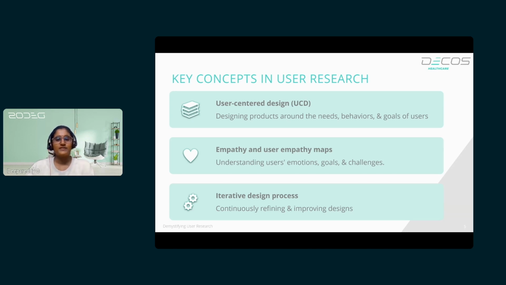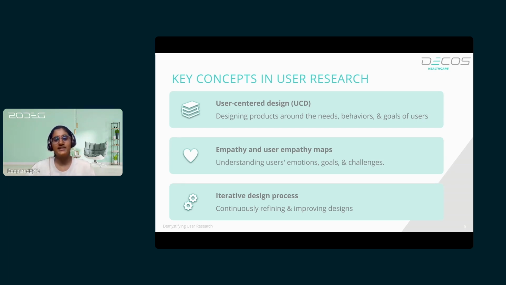The next key concept in user research is empathy and user empathy maps. Empathy in design means deeply understanding users, their emotions, goals, and challenges to create solutions that actually meet their needs. User empathy maps capture key insights about users' thoughts, feelings, actions, and perceptions, offering a comprehensive view of their experiences.